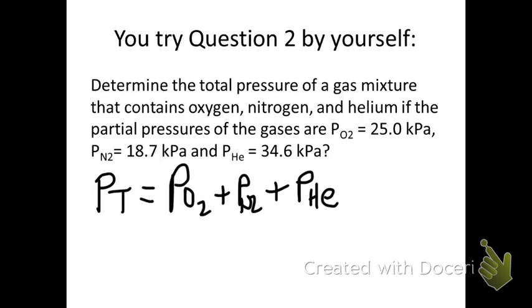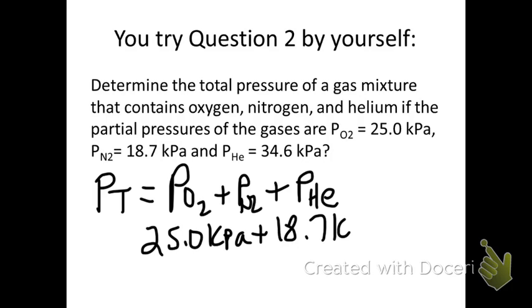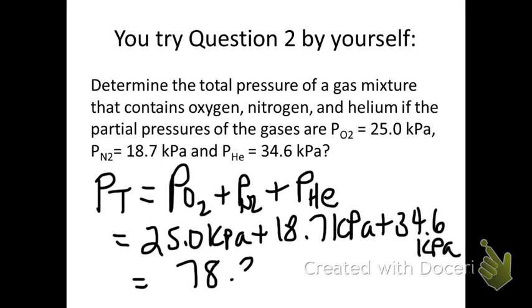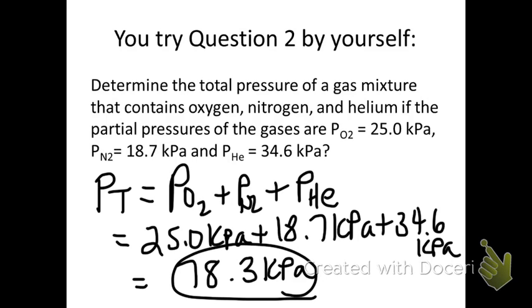So that's going to be 25 plus 18.7 plus 34.6. Of course, they're all in kilopascals. Well, that's fine. And when you add those up, you get 78.3 kilopascals. Again, we're not going to worry about sig figs when we're adding.